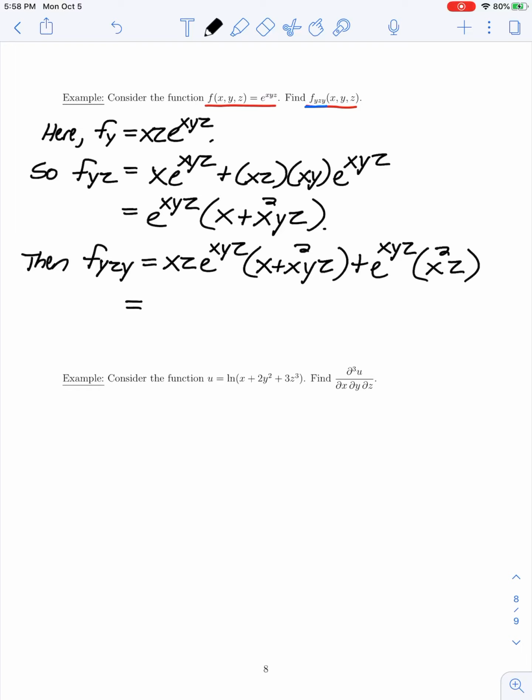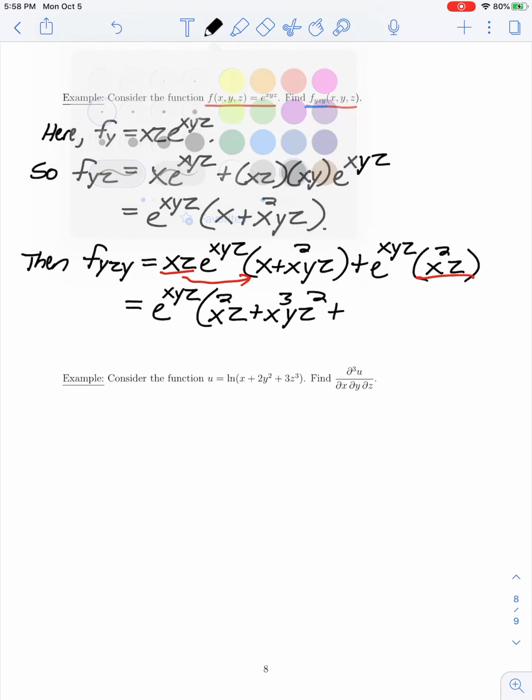So again, to simplify, we could factor out an e to the xyz from both terms. Distributing this xz through to our set of parentheses here, we would have x squared z plus x cubed yz squared, and then plus I have, after I factor out my exponential from that second term, x squared z.